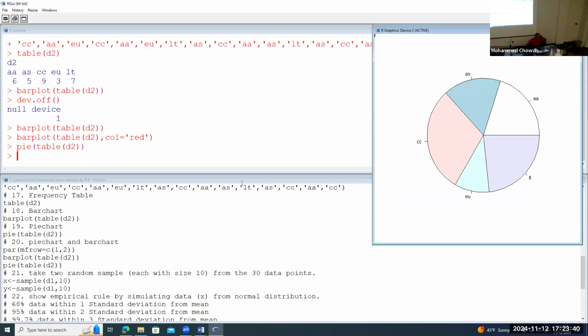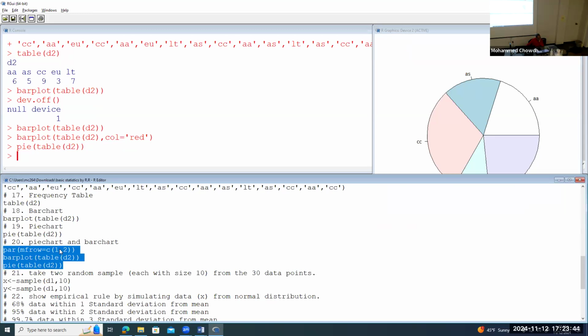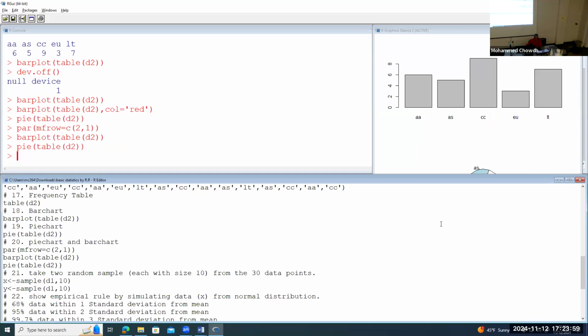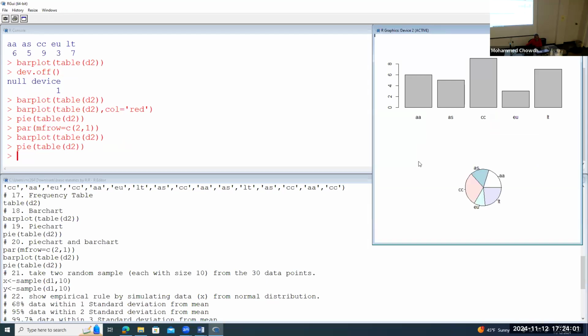Okay, after the pie chart, now I want to do them in 1 by 2 or 2 by 1. That means 2 rows and 1 column. If I want to do this, then you will see this. So 2 rows, 1 column.